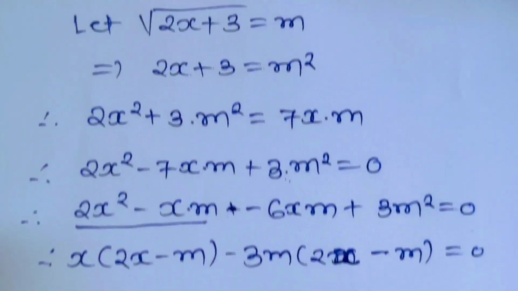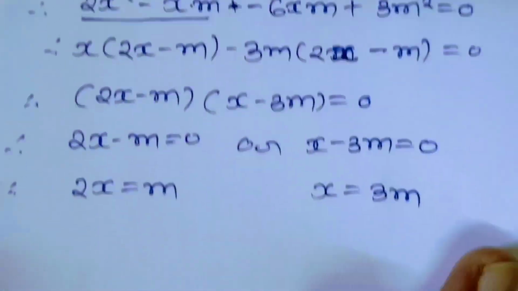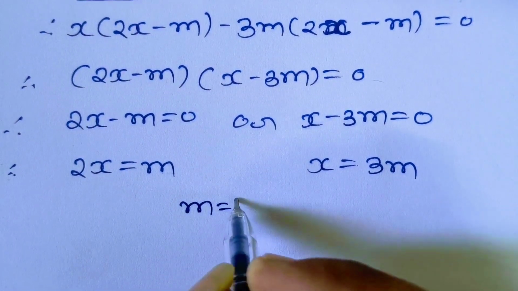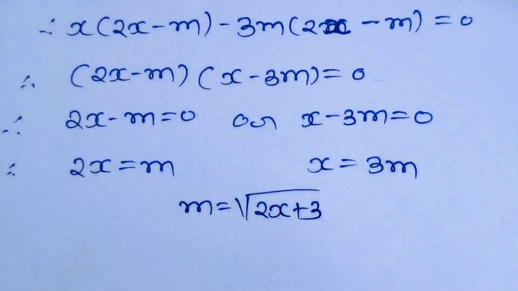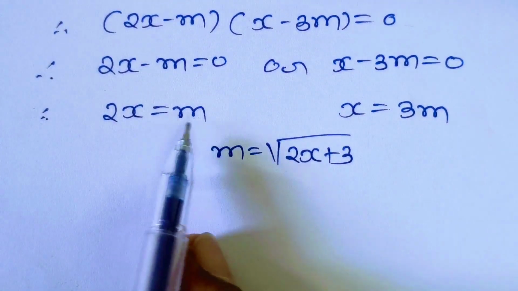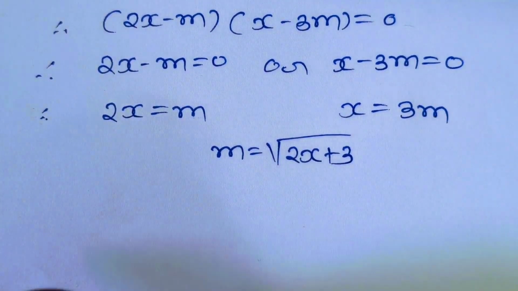Now recall that m was assumed to be the square root of 2x + 3. Put m equal to √(2x + 3) in both places.